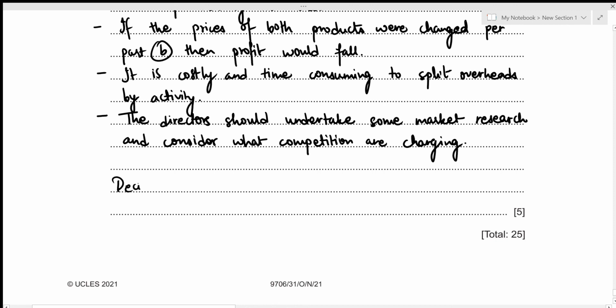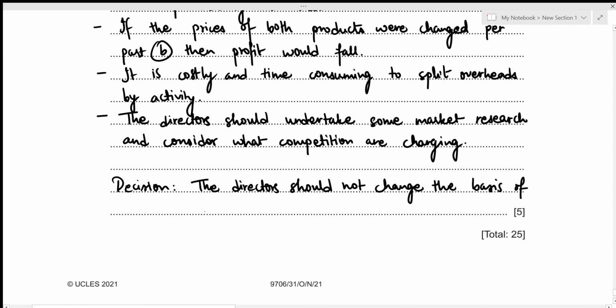So decision is the directors should not change the basis of allocation of resources.